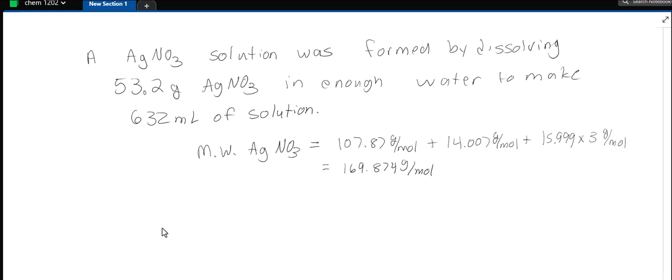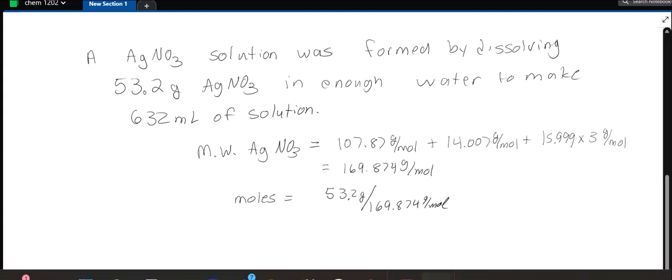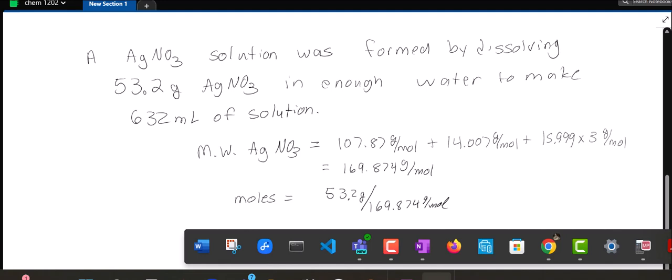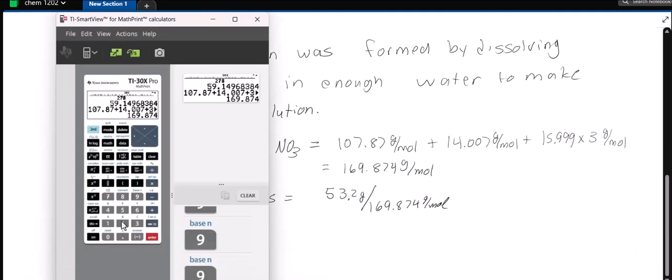And so my moles will equal the mass, which is 53.2 grams, divided by my molecular weight, 169.874 grams per mole. That gives 0.313 moles.